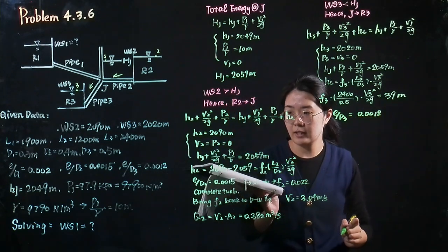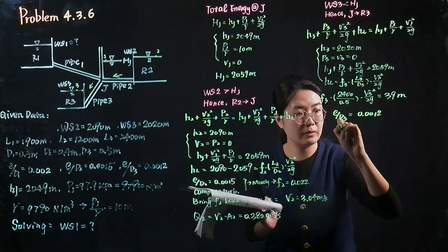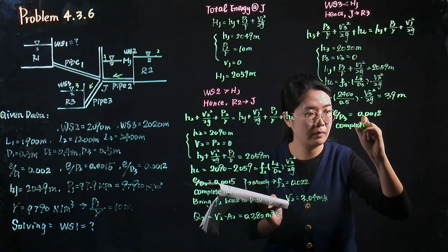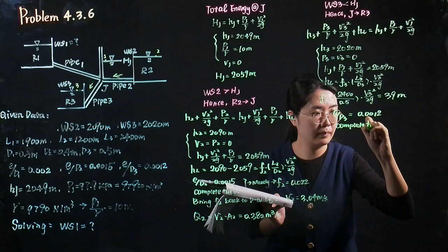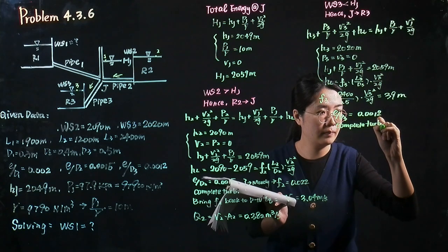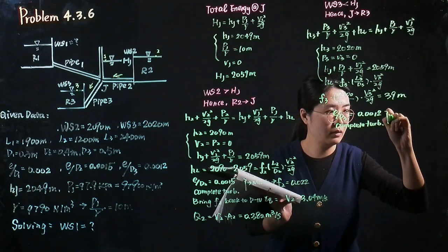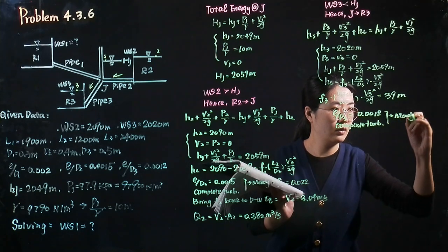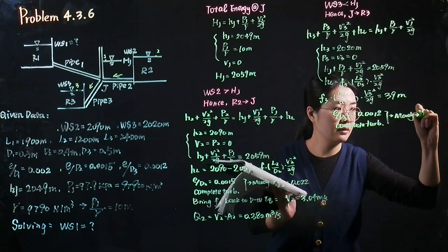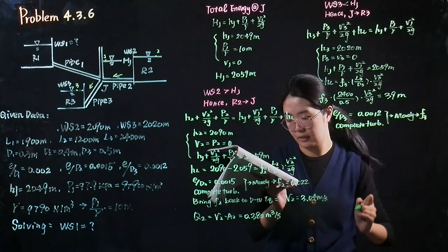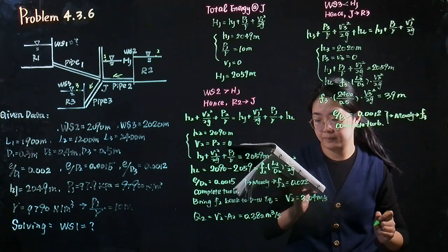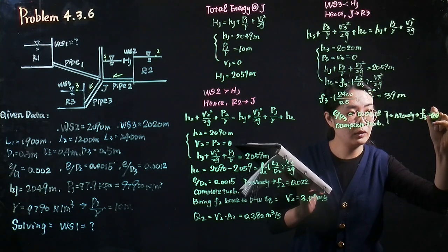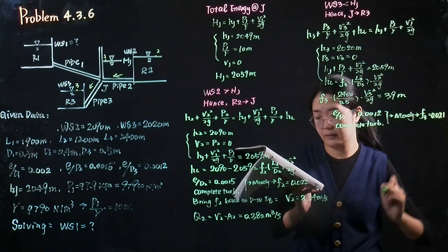Because we assume it is complete turbulence, according to the Moody diagram, we can get the friction factor. It's close to 0.021.